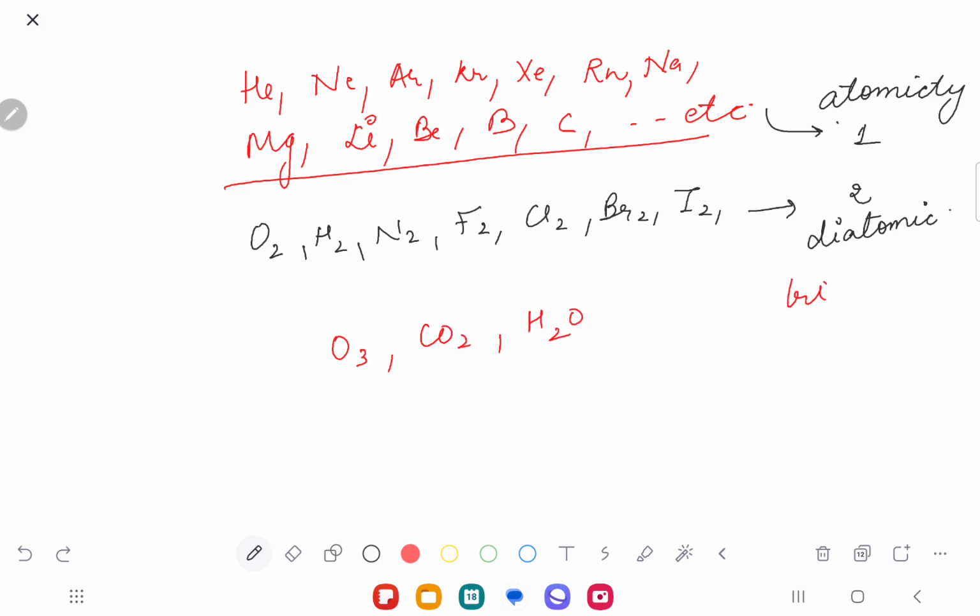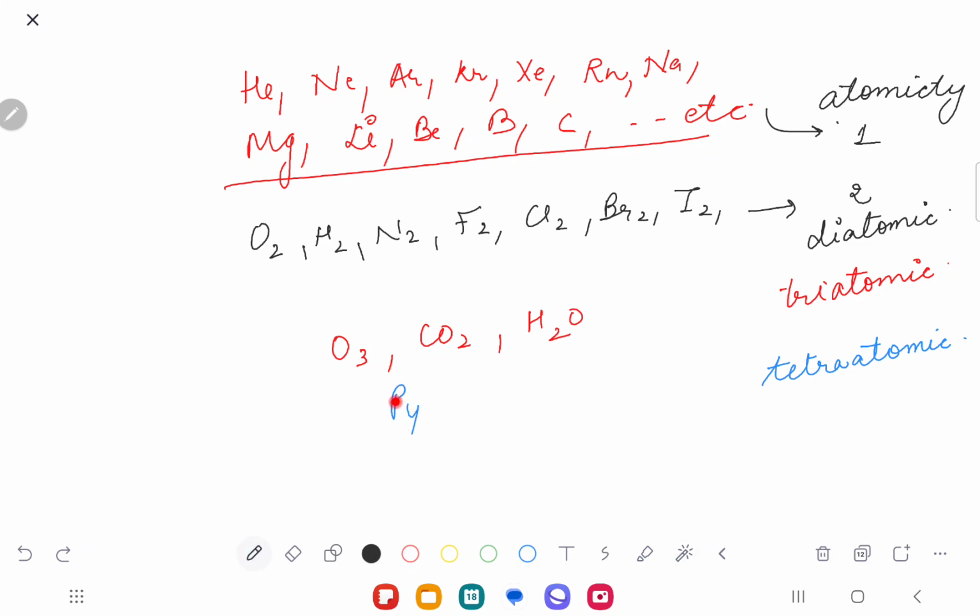These are all triatomic. P4 is called tetraatomic. Tetra means 4, so the atomicity is 4. Do you understand my point?